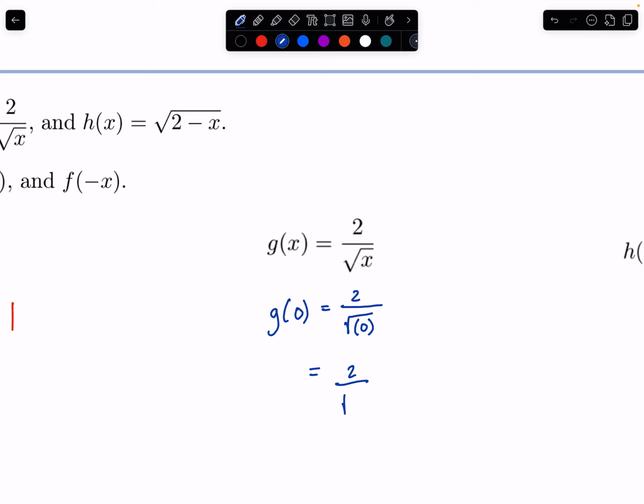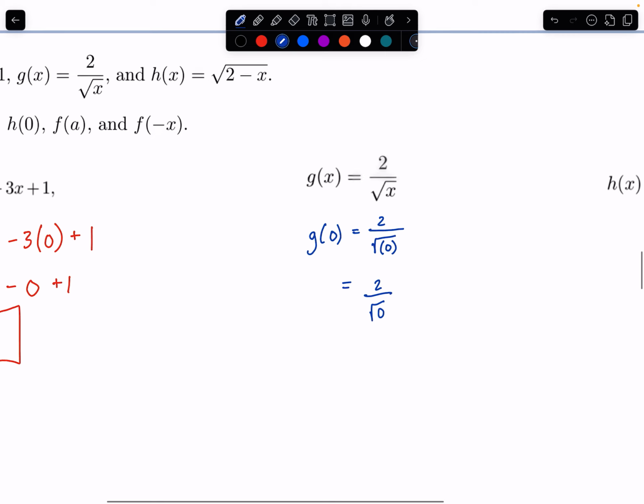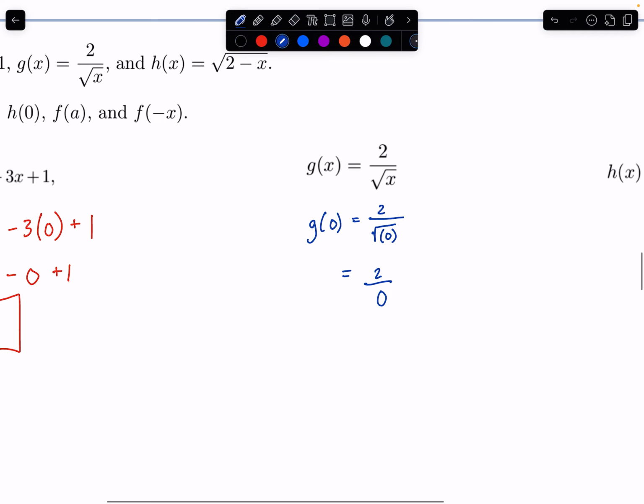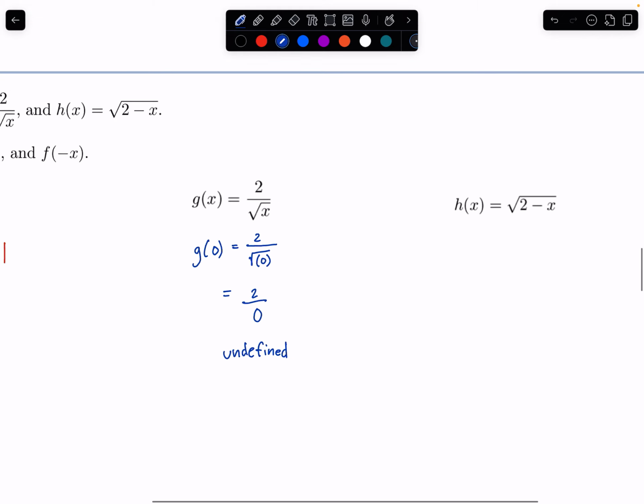So that's going to be 2 over square root of 0. Square root of 0 is 0, right? So I have 2 divided by 0, but that is not possible. That's one of those undefined situations. You can't divide something by 0, so it's undefined. So what is g of 0? It's undefined. It's not a number.